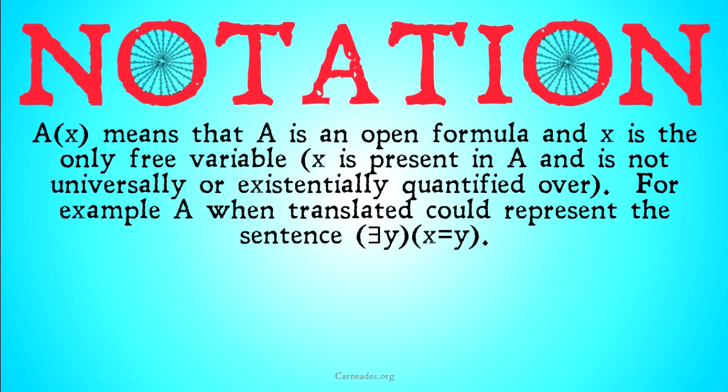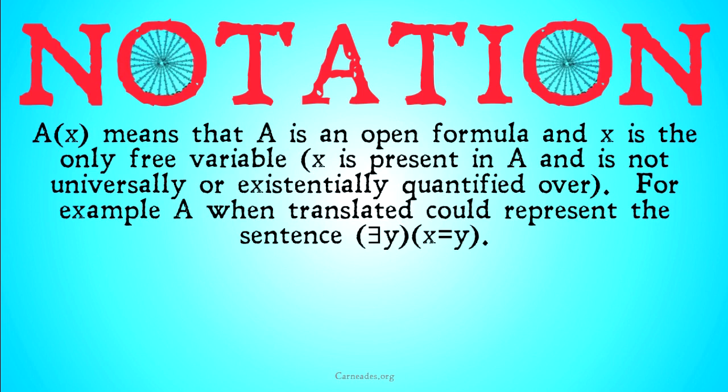A(x) means that A is an open formula, and x is the only free variable. Basically, that means that x is present in A as a variable, and is not universally or existentially quantified over. For example, A, when translated, could represent the sentence, there exists some y such that x equals y. You see that y is a bound variable.